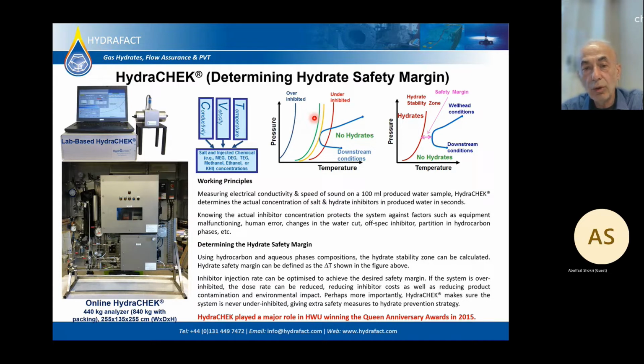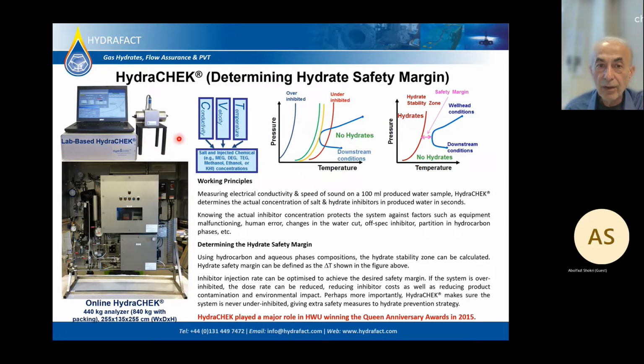It can take 12 hours to 24 hours. By that time, the condition has changed. So we need something that can measure the amount of salt and inhibitor in water quickly. That is the purpose of this device.